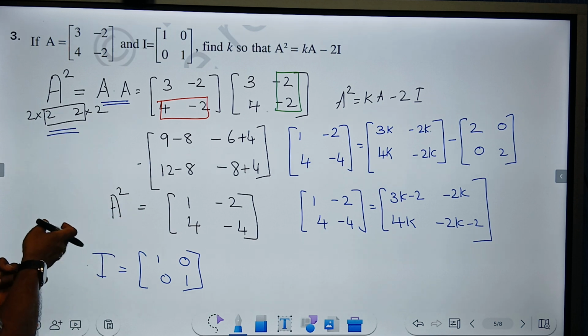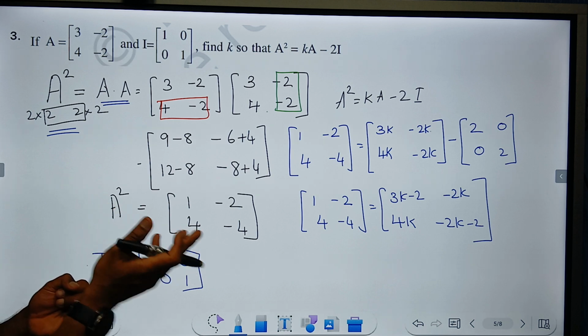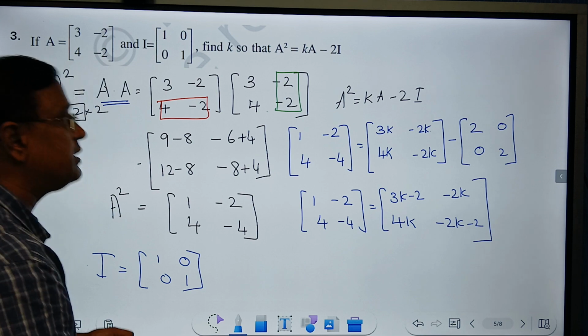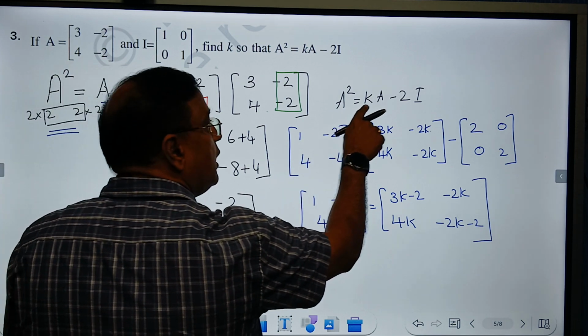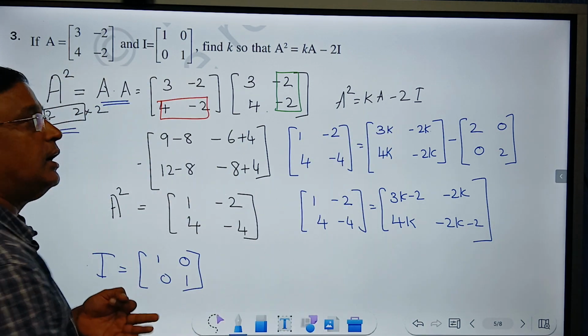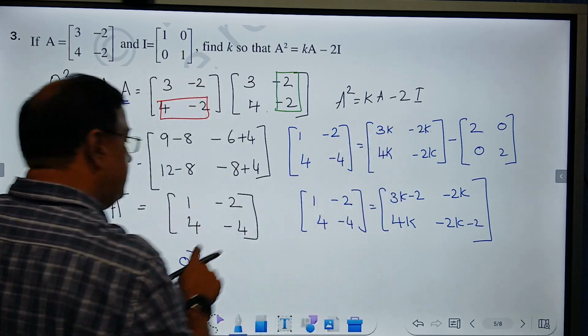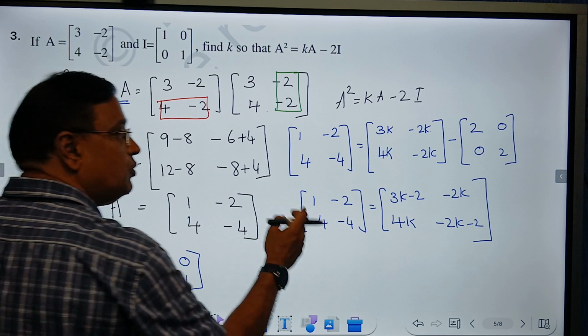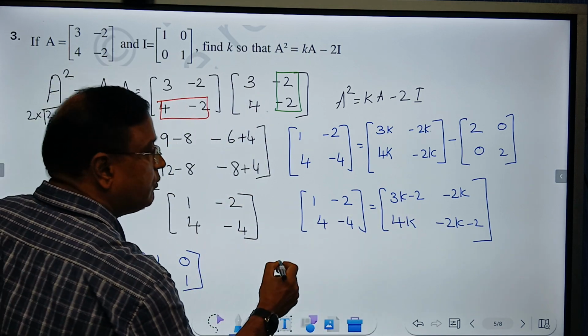Unless I know the order, how do I verify it's possible or not? So I used order, I used multiplication of two matrices, then I also used scalar multiplication of a matrix, and I also understood what an identity matrix is. Then I learned subtraction of two matrices. Then I'm going to do equality of two matrices.